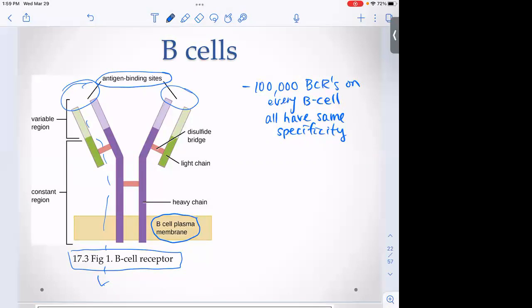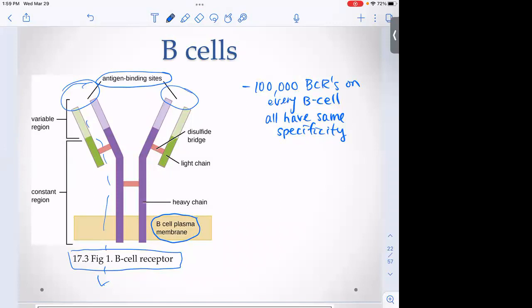Do you know about how many genes we have in our body? Yeah, about 20,000. That's the number that I've heard too. So we know that we have B cell receptors that can recognize millions and millions of things. So how is this possible? We don't have a gene for every B cell receptor.